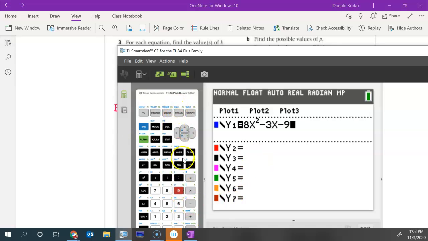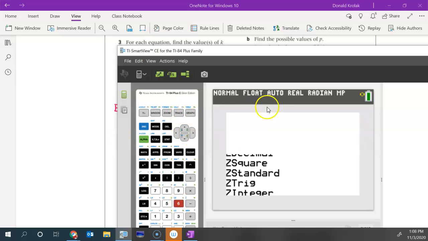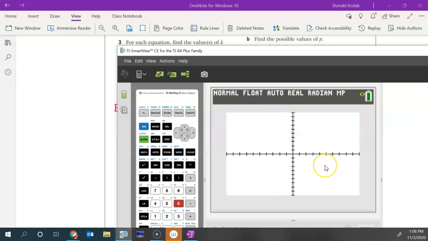Okay, and then I graph that. I'm just going to put on a regular graph. So like Zoom 6, puts it on a standard 10 by 10. And there it is.